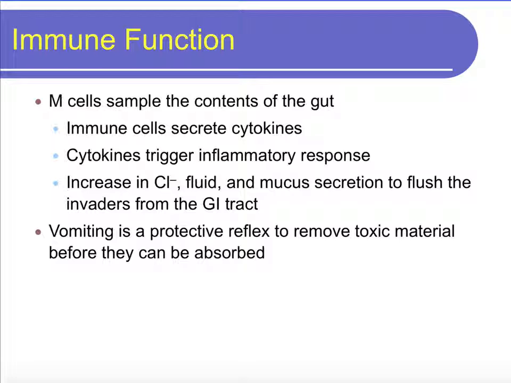So these M cells will secrete cytokines, which triggers an immune response, an inflammatory response. Now, that's once the food or the pathogens have entered into our GI tract. But let's say we just ate something that was toxic, then we're going to trigger a vomiting reflex, which is protective, so that we vomit up the contents before it goes any further into our GI tract.